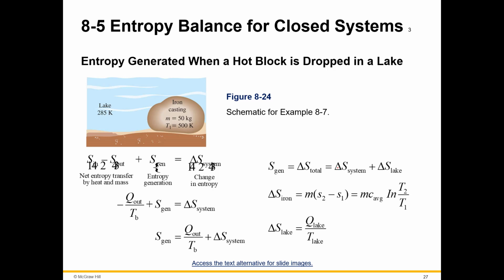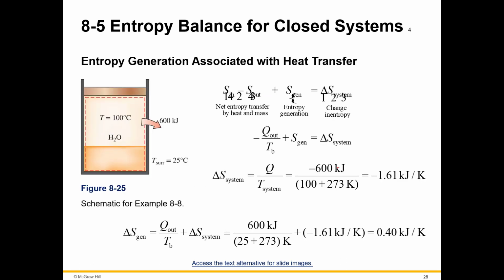That makes sense. It's just all together, right? Entropy generation associated with heat transfer. So this is just taking the same slide as before and putting it in regard to heat transfer. Okay, so net energy transfer by heat and mass plus the entropy generation is equal to the change in system entropy.